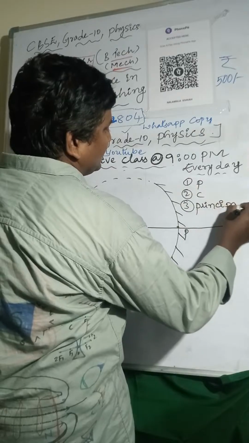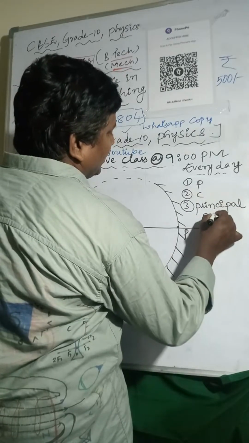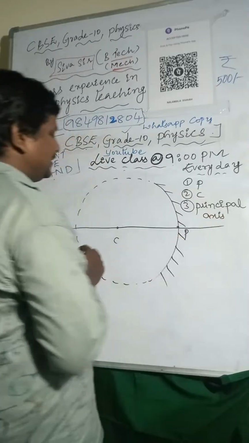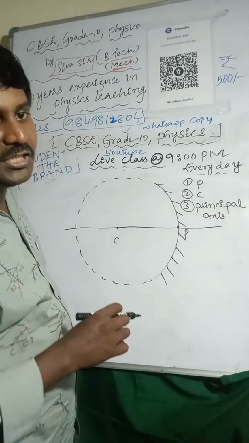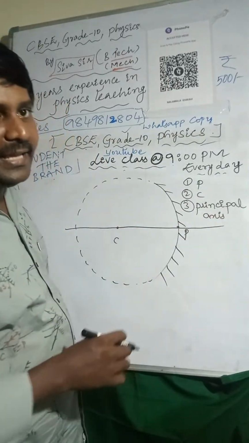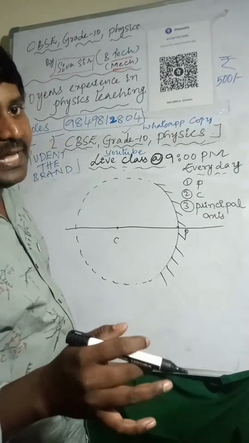The line which is passing through the center of curvature and pole is called principal axis.